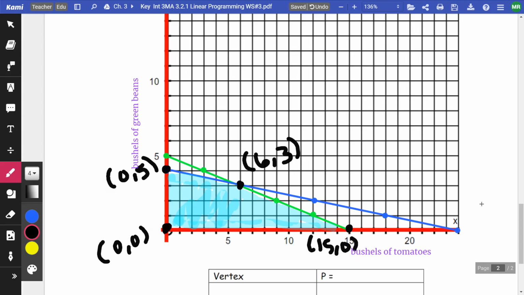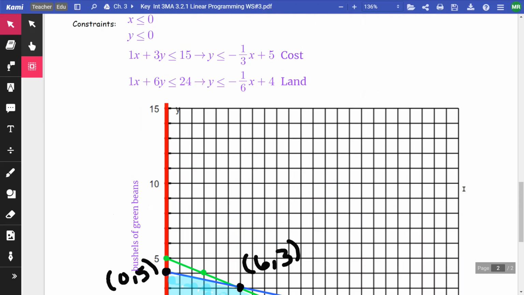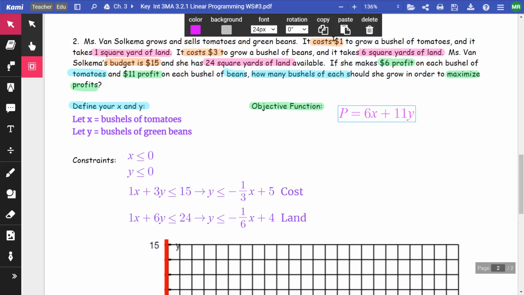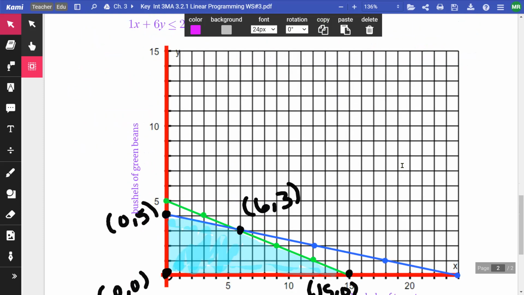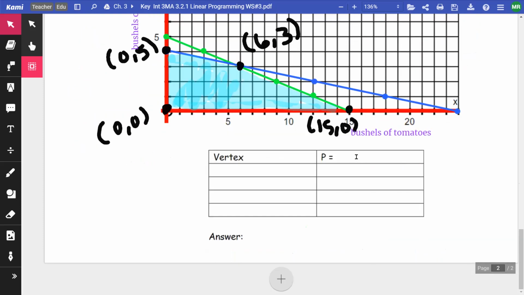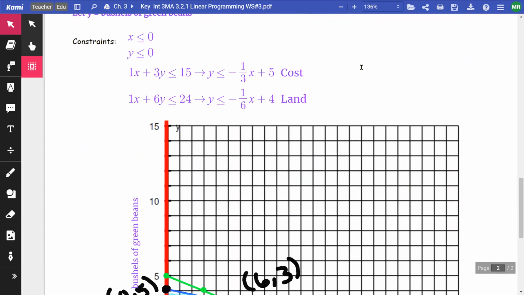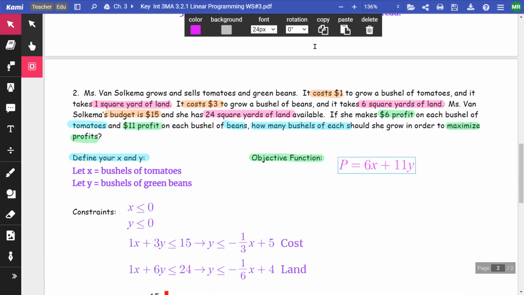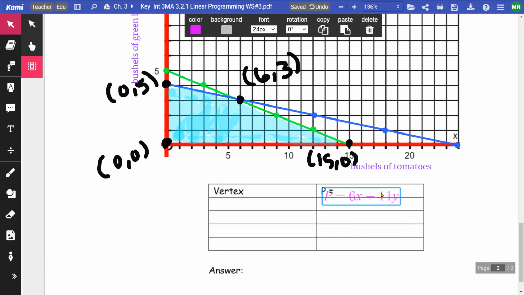And then I'm going to put those into my objective function. Let me just copy it and paste. Okay, so I'm just going to put it here.